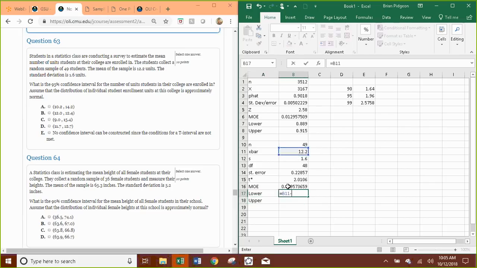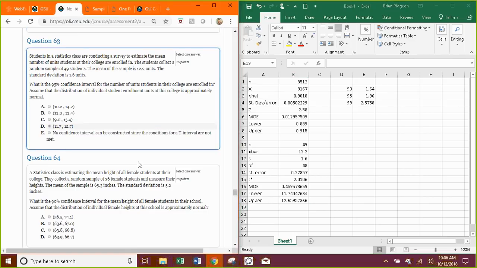Then we want the lower and the upper. Our lower value is X bar minus the margin of error, and the upper is X bar plus the margin of error. And there we go. Rounded to 1 decimal, we go from 11.7 to 12.7.